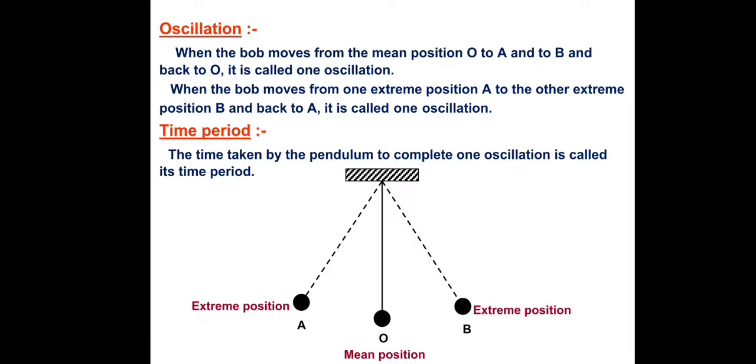So when the bob moves from one extreme position A to the other extreme position B and back to A, it is called one oscillation.